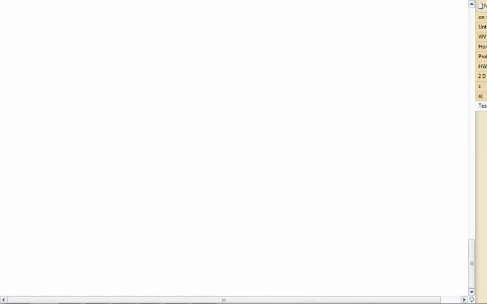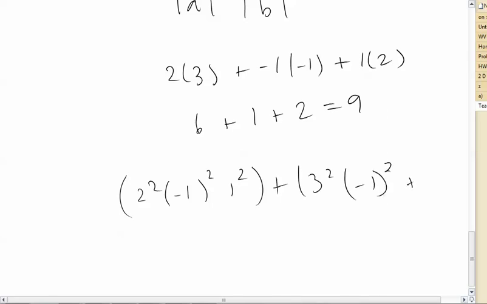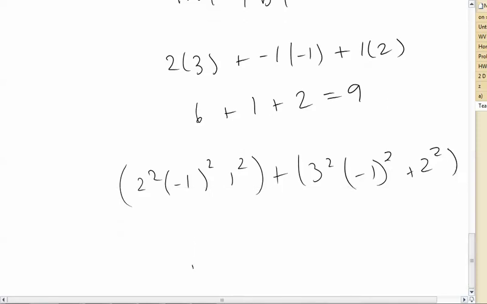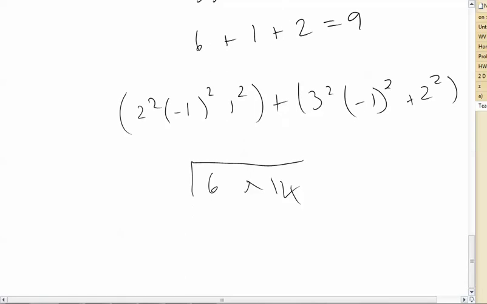And then on the bottom, to find the modulus, you take all the values and square them. So you'd get 2 squared, negative 1 squared, 1 squared, all together, times 3 squared, negative 1 squared, plus 2 squared. Together that should get you the square root of 6 times 14, and that should give you 84.